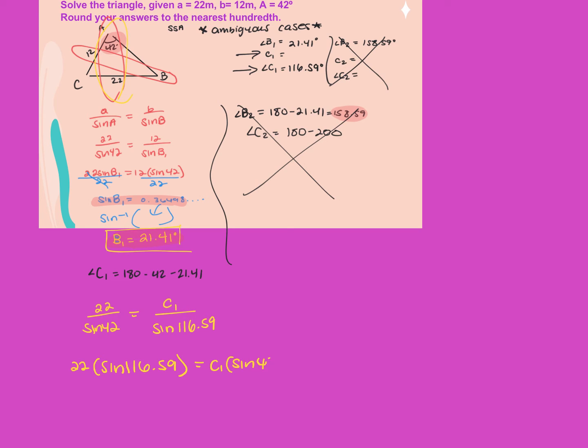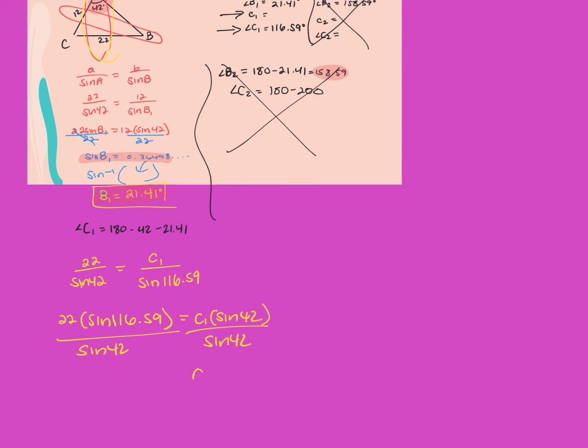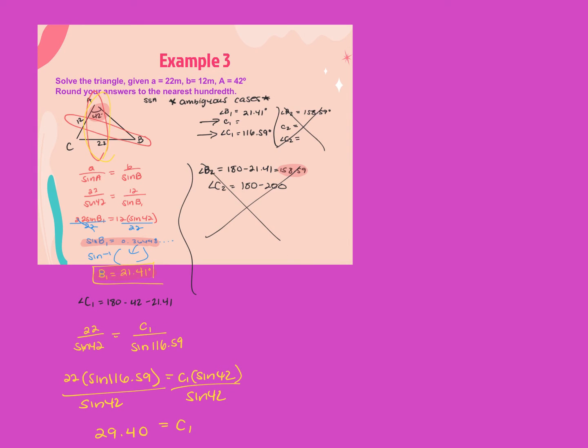Let me finish this and then I'll say that because I don't want to confuse anybody. 22 sine 116.59 divided by sine of 42. C1 equals 29.40.